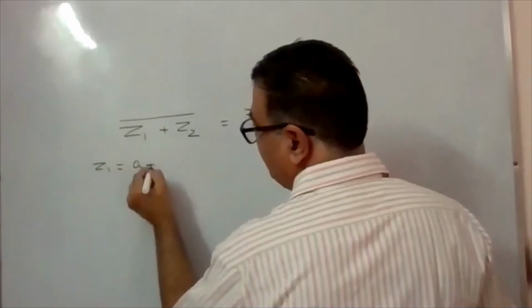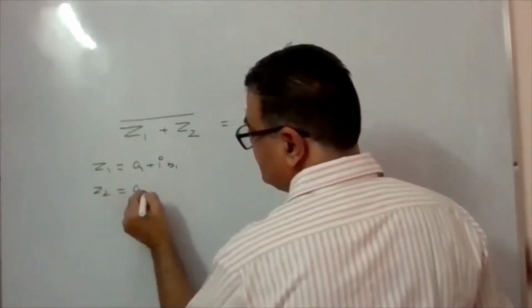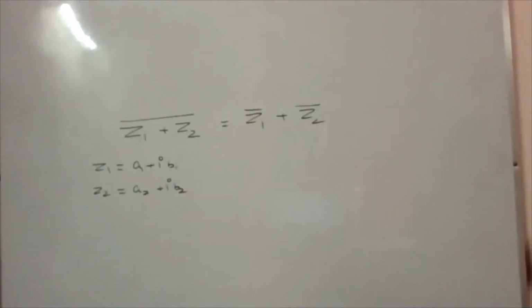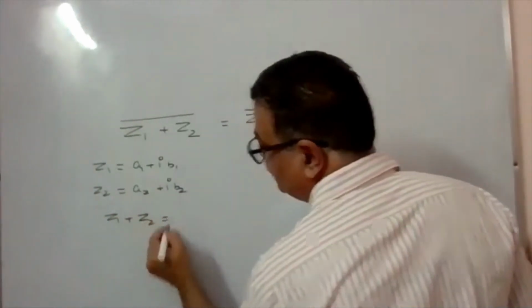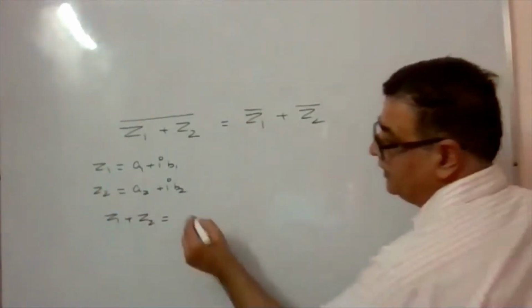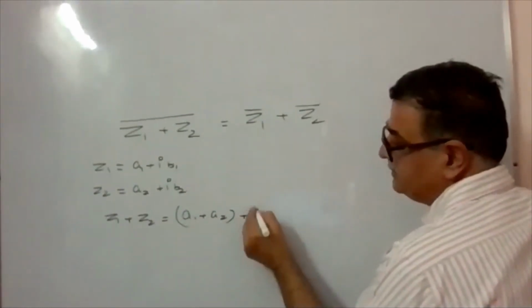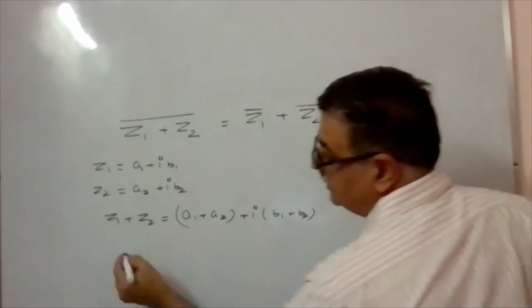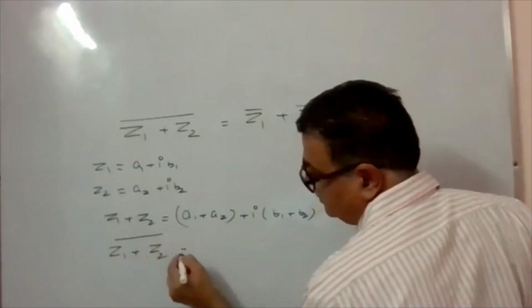Z1 is A1 plus iota B1. Z2 is A2 plus iota B2. First you add them. Then we find Z1 plus Z2. It will come A1 plus A2 plus iota times B1 plus B2. Then I go for Z1 plus Z2 whole bar.